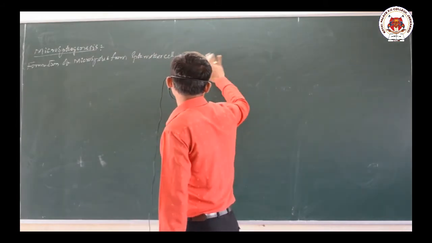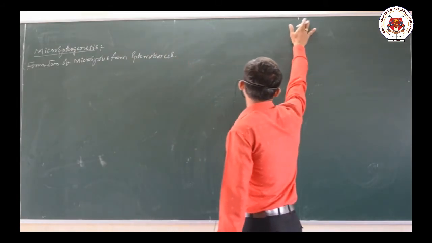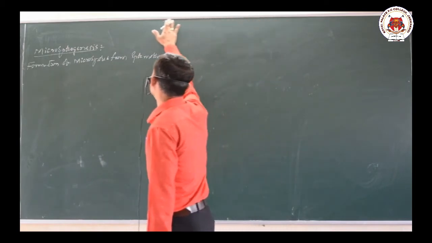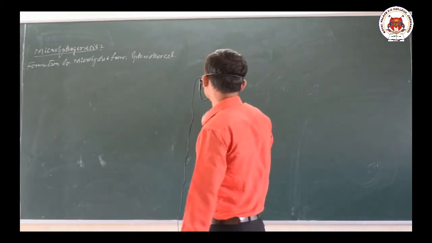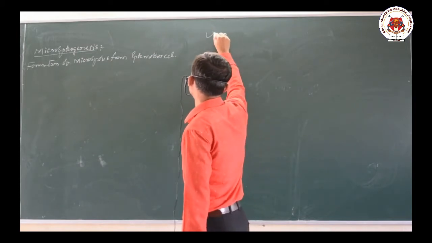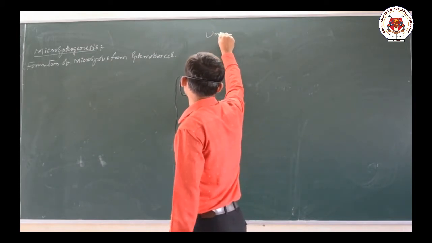Let us take the flow chart which explains the microsporogenesis mechanism we discussed in the previous class. We start with the undifferentiated anther.